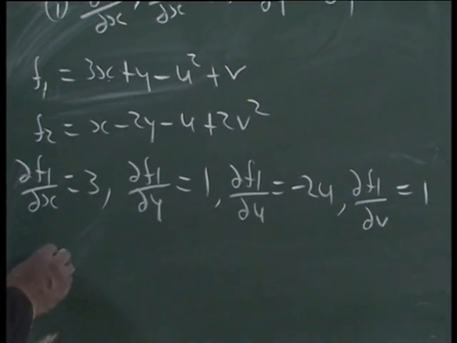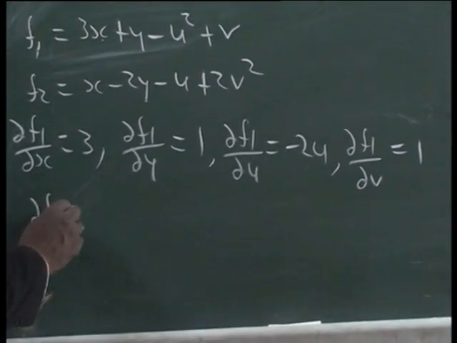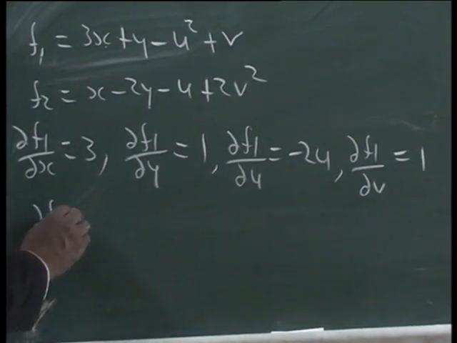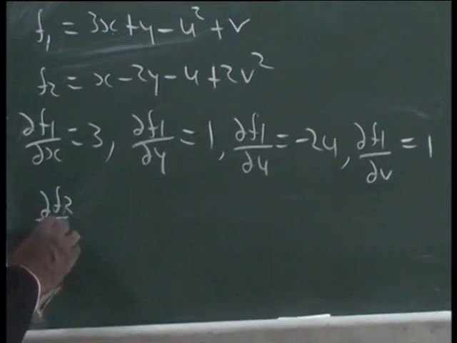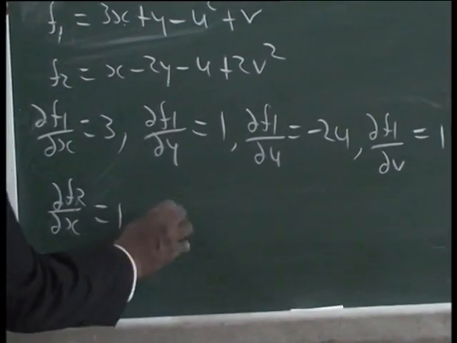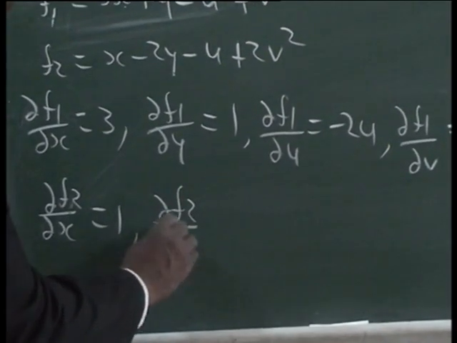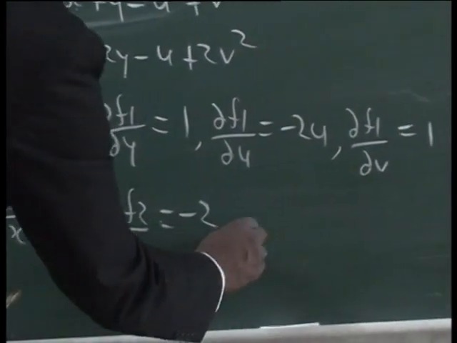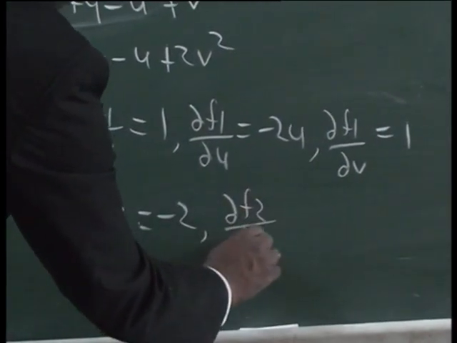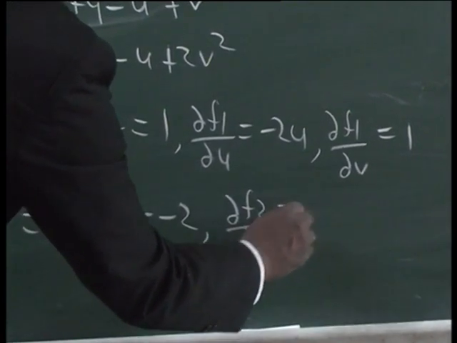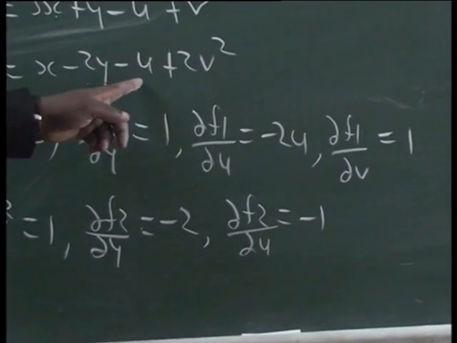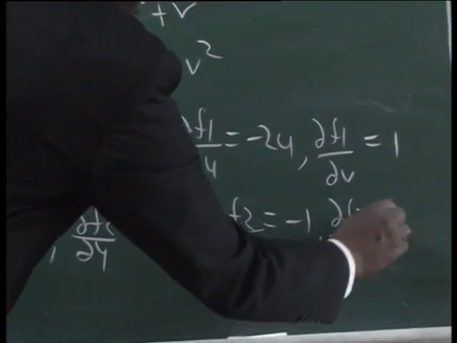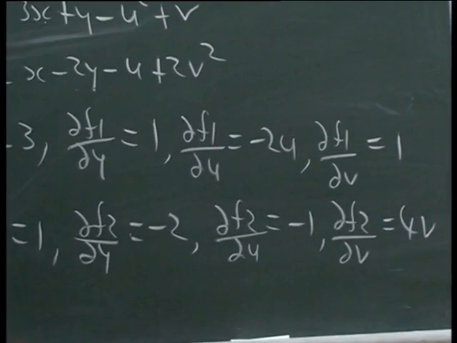Then we also have partial f2 partial x equal to 1. Partial f2 partial y equals minus 2. Partial f2 partial u is equal to minus 1. Partial f2 partial v is equal to 4v.